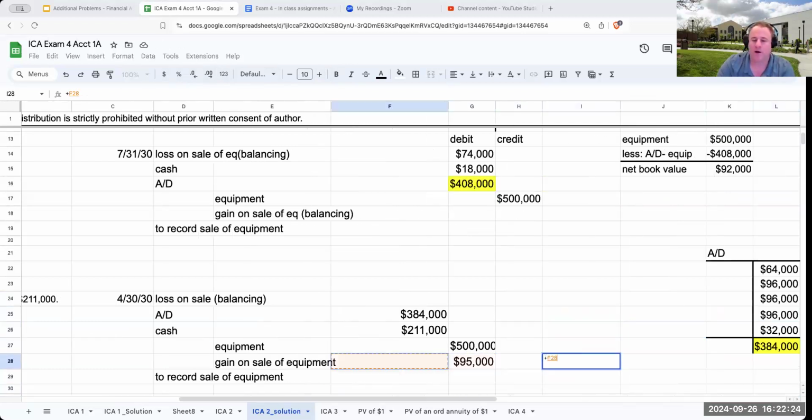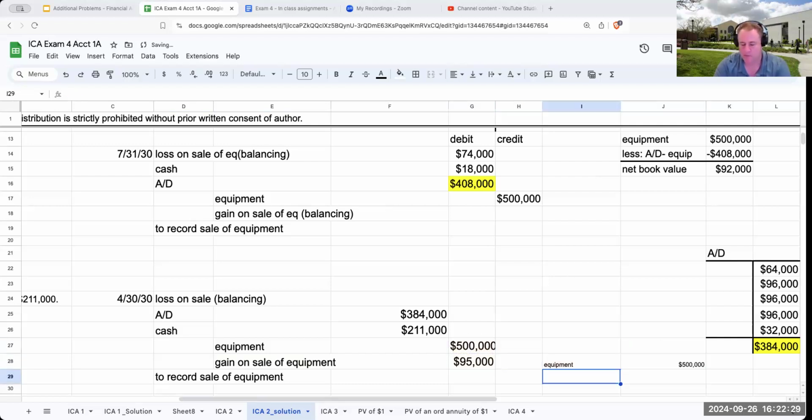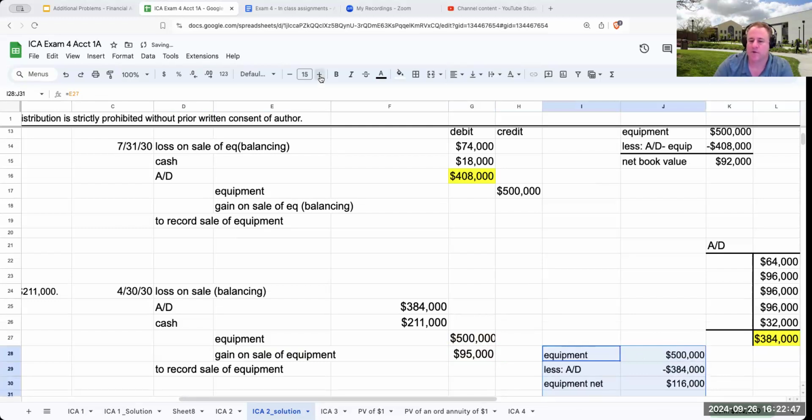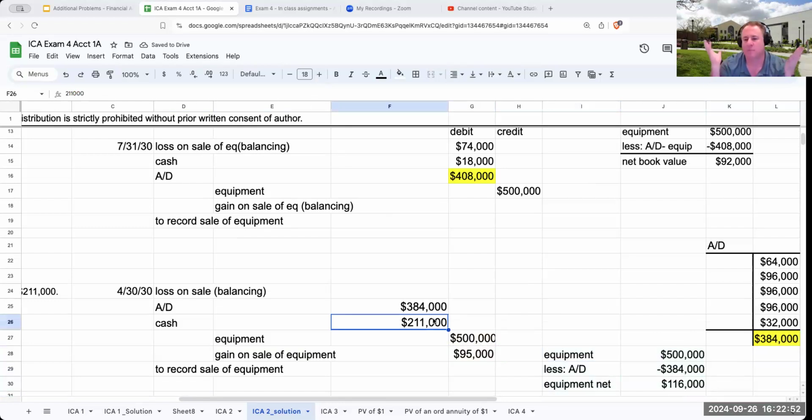The equipment on my books had a net book value of 116,000 for this particular question. So my equipment net on my balance sheet was 116,000. I'm selling it for 211. I'm making money. So I therefore have a gain.